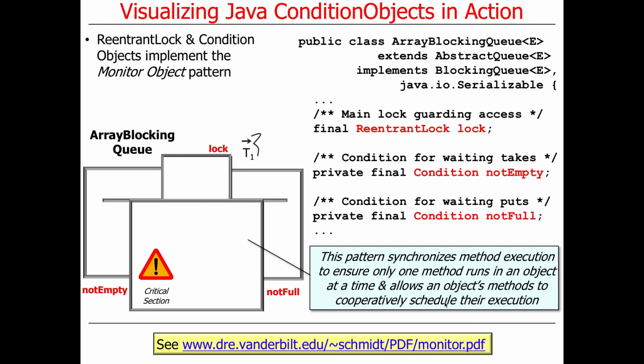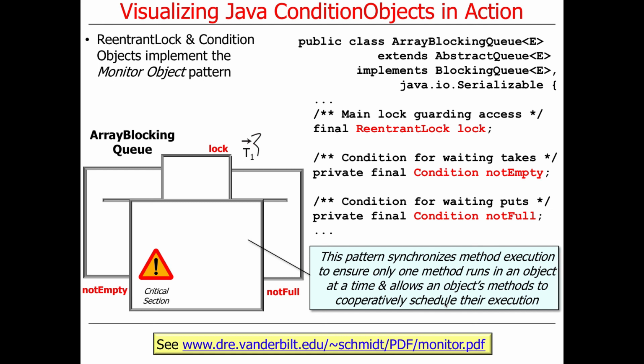Another way of putting that is only one thread can call a method defined on the object and run at a time in the critical section. And we can also allow the methods to cooperatively schedule their execution, right? So you have to do take, but if you do a take, you can't actually run until someone does a put, right? So you can coordinate the order in which things actually run.